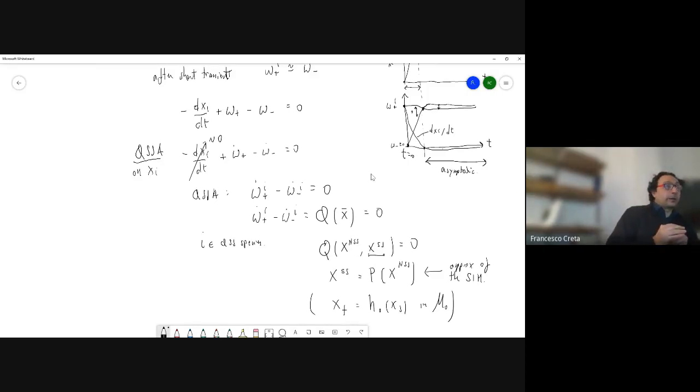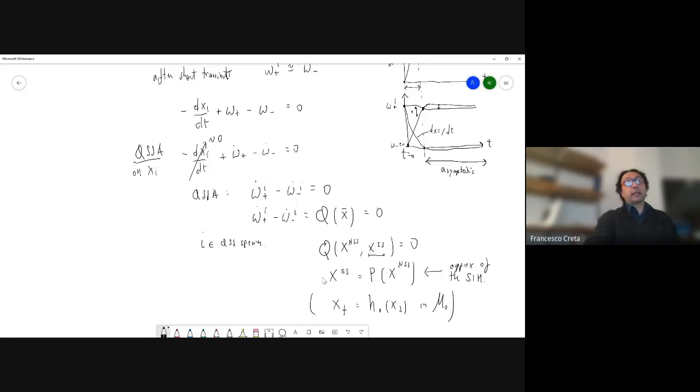I don't know from the beginning, but clearly the species that have the role of an intermediate, you're going to pick those. Now I'm going to give you an example right now, okay? And once you do that, you essentially apply this quasi-steady state assumption. You derive this function Q, and you solve for the steady state species.